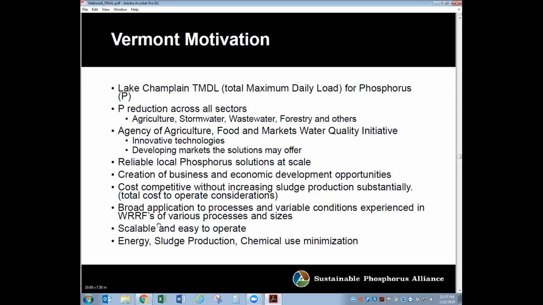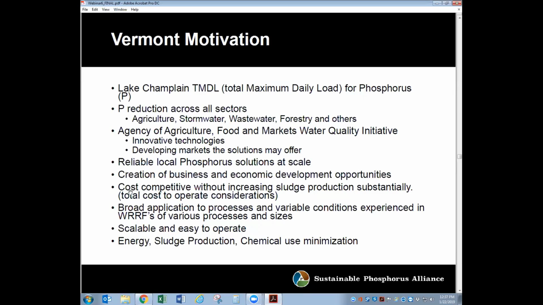All we did was go through the facility to meet the permit at the time, and that was a $15 million project for a service area of about 30,000 people. So any additional phosphorus reduction beyond what we can do right now would have a significant cost with diminishing returns as we continue to invest in this.